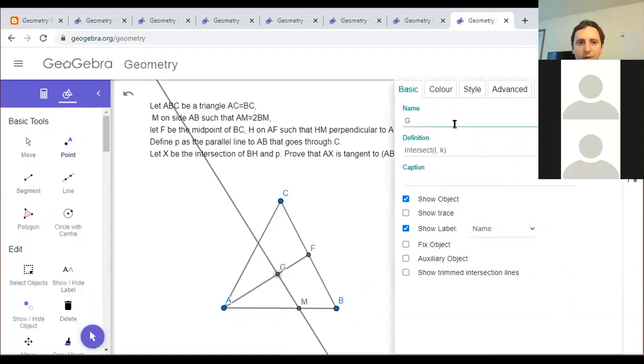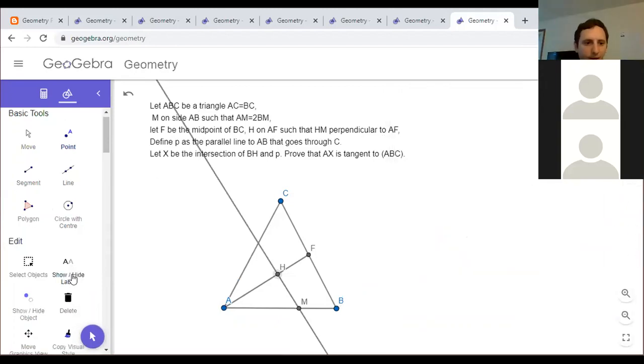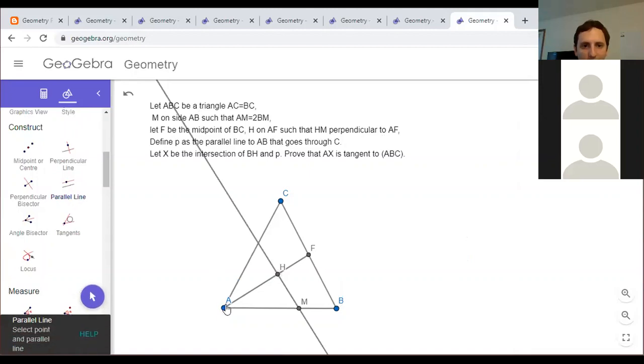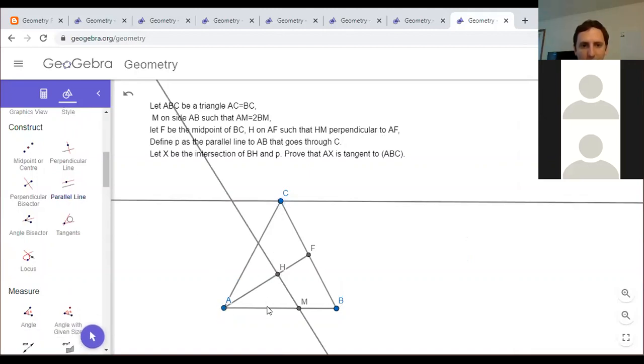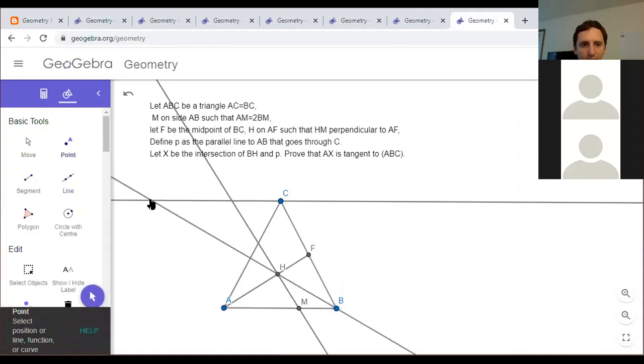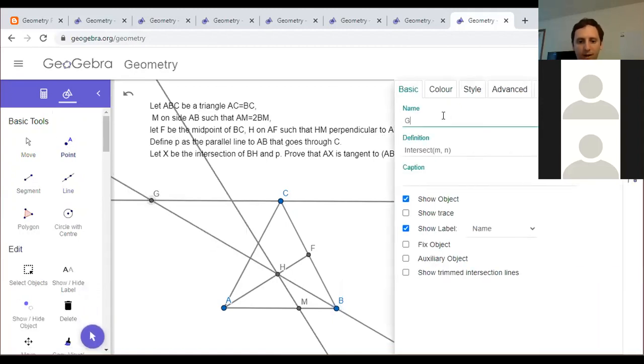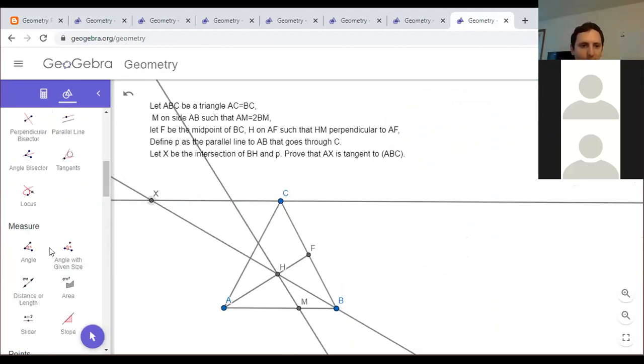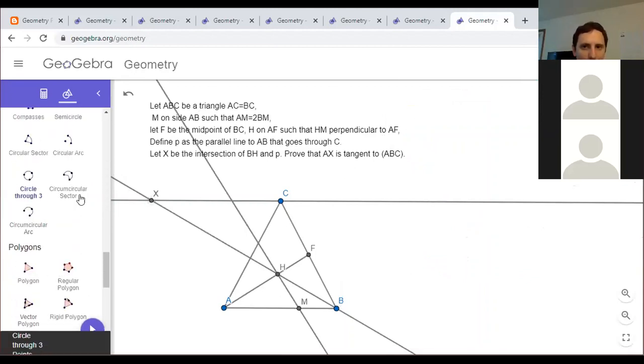That's H. And then we draw the parallel to AB that goes through C, and it intersects BH at X. And we want to show AX is tangent to the circumcircle of ABC.